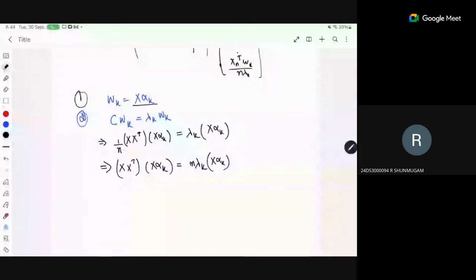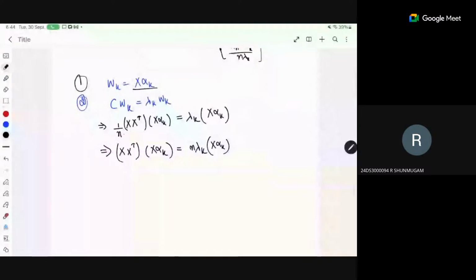Right? Now you just multiply both sides of the equation by X transpose. So what do you get? I can write this as X transpose X times X transpose X times alpha k equal to, now this n lambda k is a scalar, I can pull it out, so n lambda k X transpose X alpha k.